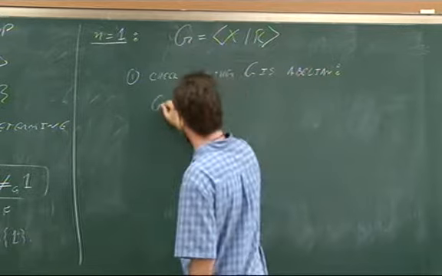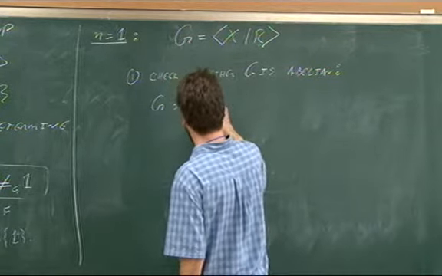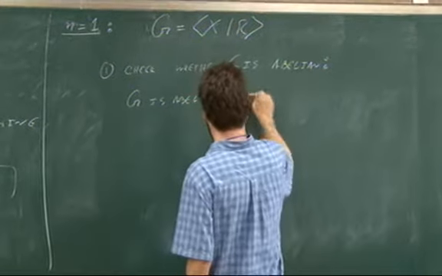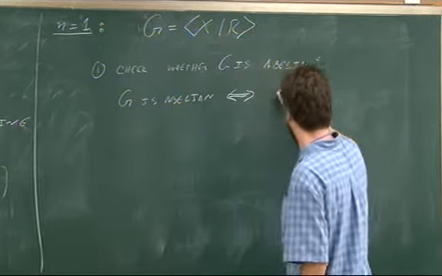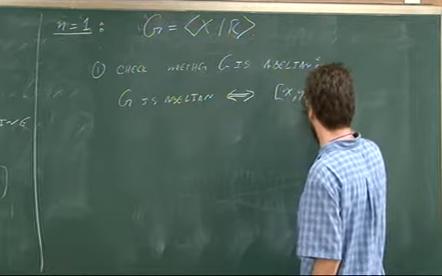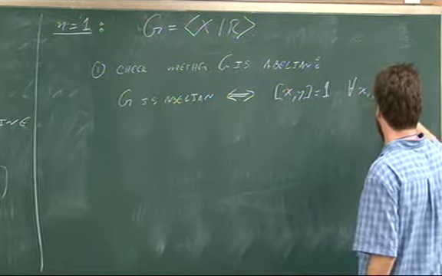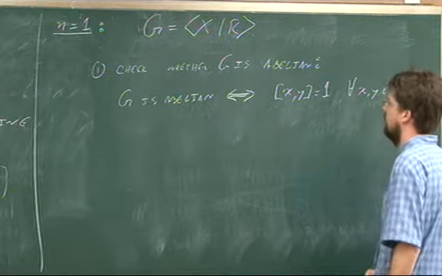G is abelian if and only if all the generators commute. So the commutator of x and y is equal to 1 for all x and y in the generating set.